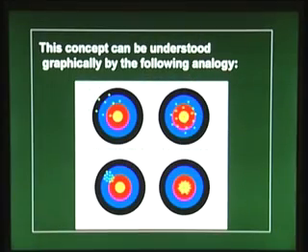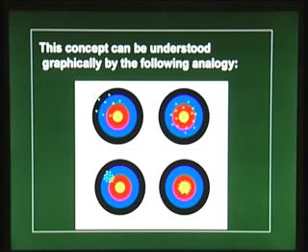Having discussed this idea about accuracy and precision, we will see how this comes into a program because of the finite number of significant digits in a floating point number.